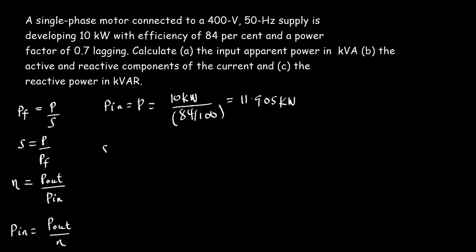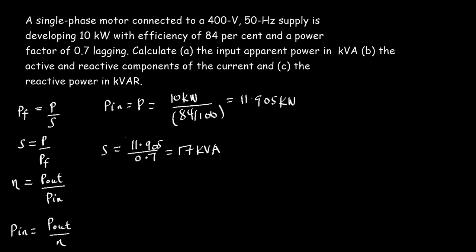The apparent power is equal to 11.905 divided by the power factor, which is 0.7. When you do this, you're going to get 17 kilovolt ampere. So this becomes the apparent power.